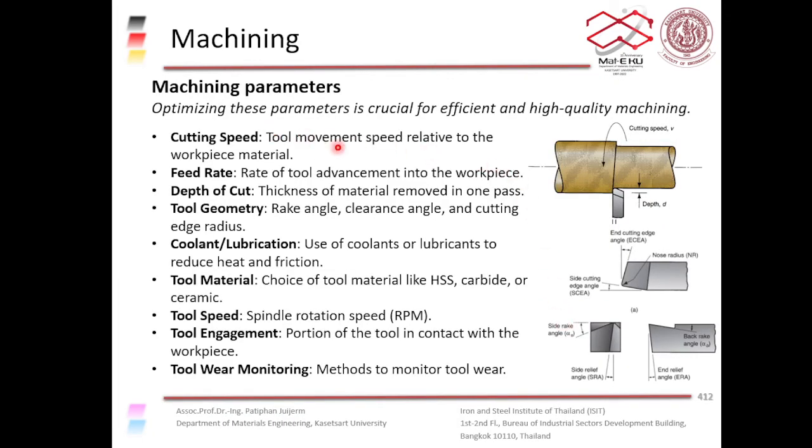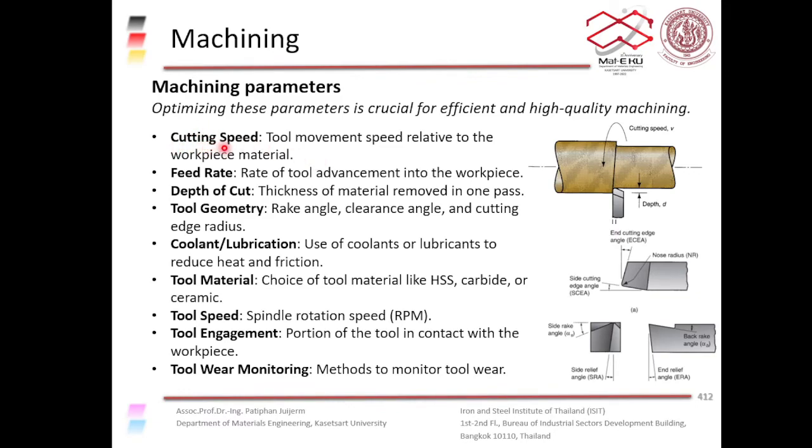Okay, so the important parameters in machining are the factors that you have to consider when you are using a machining process. You have to optimize these parameters so that you can get a good, high quality product and the process will be more efficient, right?